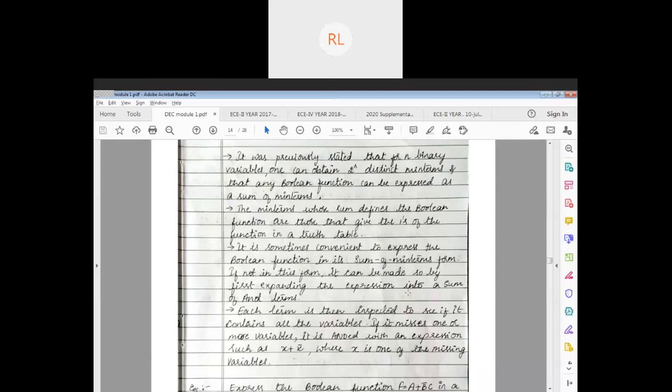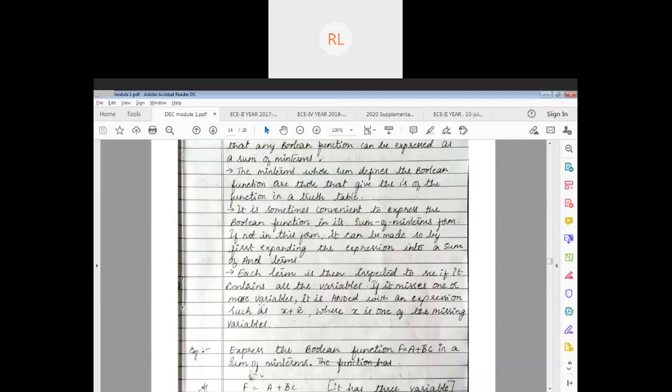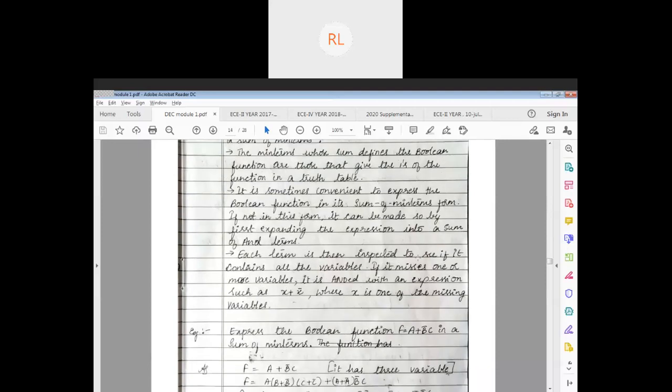So we can always use the complement option. If we draw a full complement on the equation, then it turns from max terms to min terms or min terms to max terms. So using a complement, using De Morgan's theorem, using Boolean laws, we can reduce a complex equation.